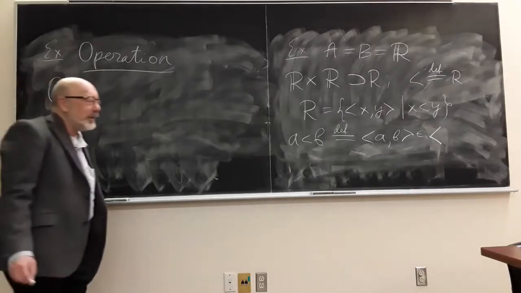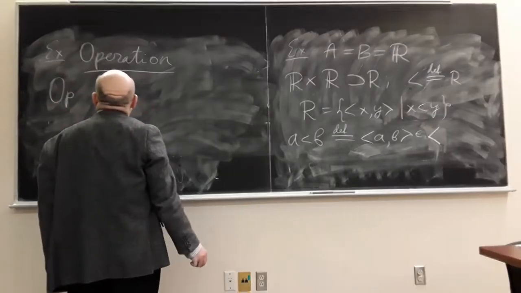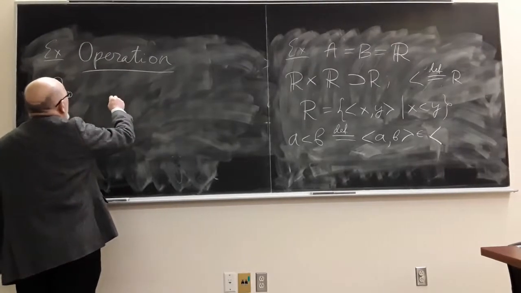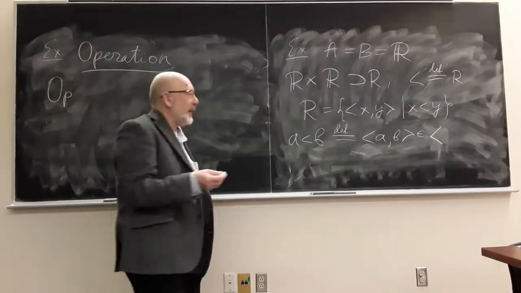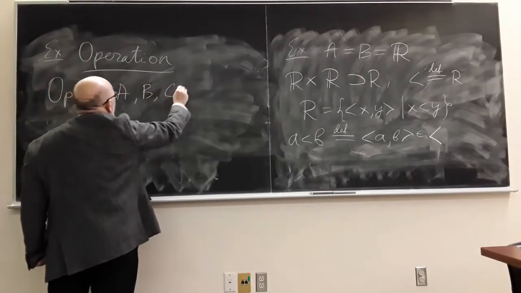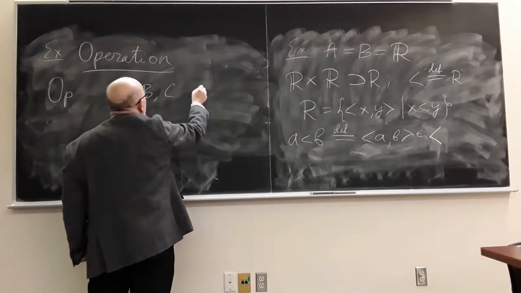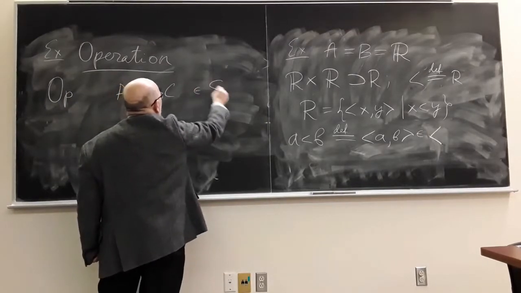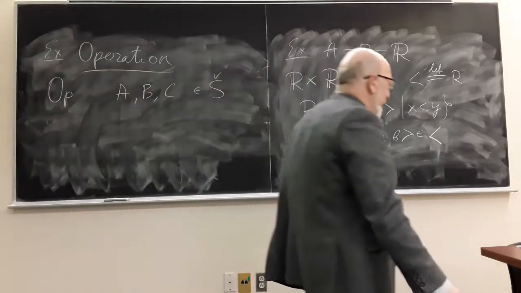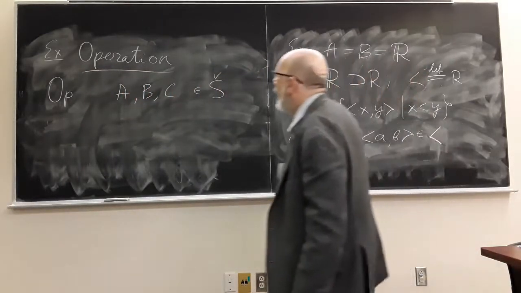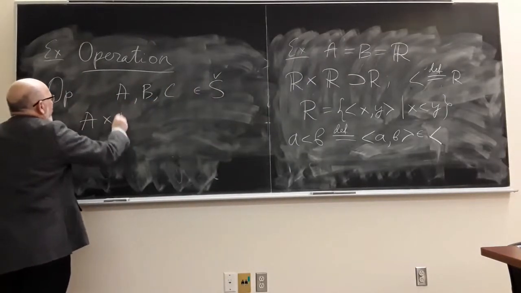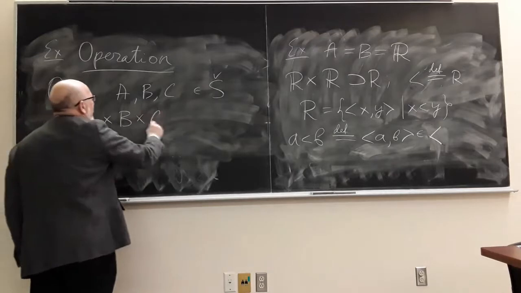So to define it, we have to consider this Cartesian product. We have three sets, A, B, C, which are sets in S. So three sets in this set, and consider Cartesian product A times B times C.